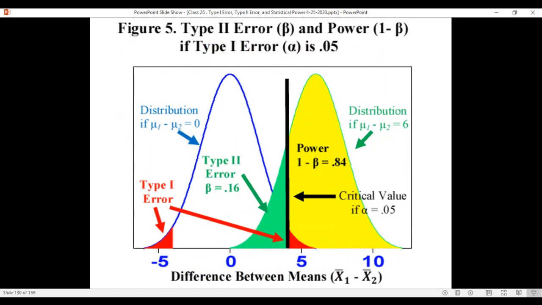The yellow region represents the paired samples with a big difference between the sample means. And for these paired samples, the difference between the sample means lies to the right of the critical value and is statistically significant. Now, the area of this yellow region is equal to power. In this example, power is 0.84. So the probability of finding a statistically significant difference between the means is 0.84 or 84%.